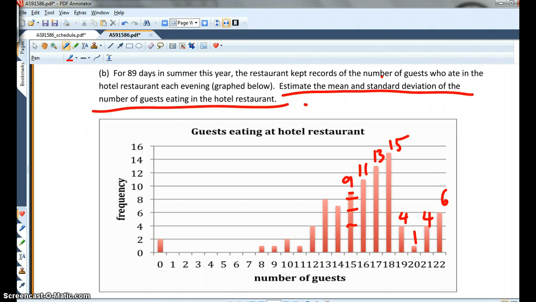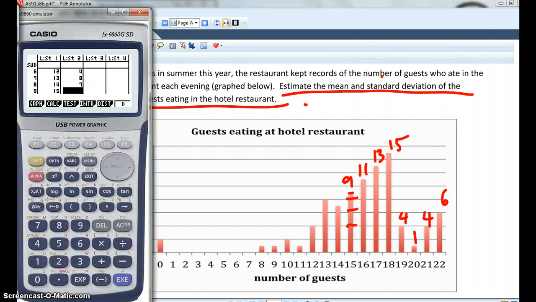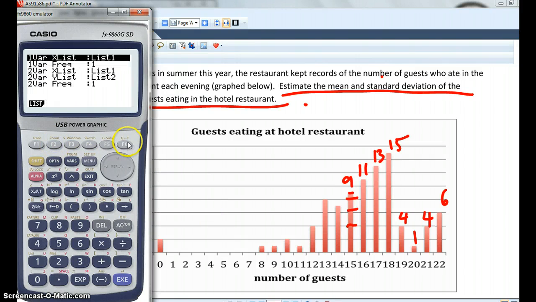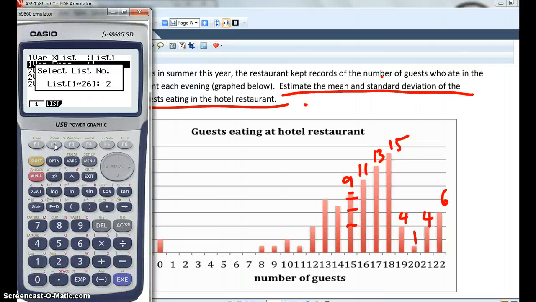It's just to speed up my entry. So where am I up to? Number 15 was 9, 11, 13, 15, 4, 1, 4, 6. Now, I need to go calc, I need to make sure that the frequency is in list 2.